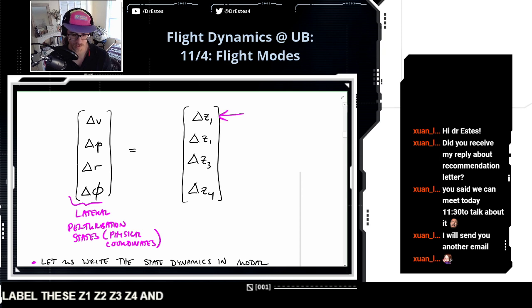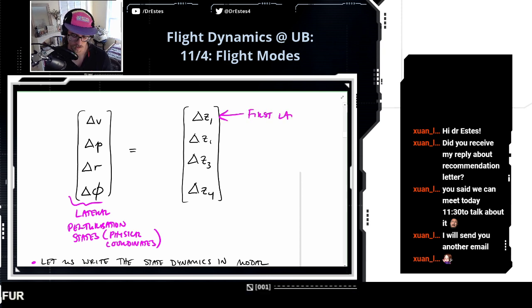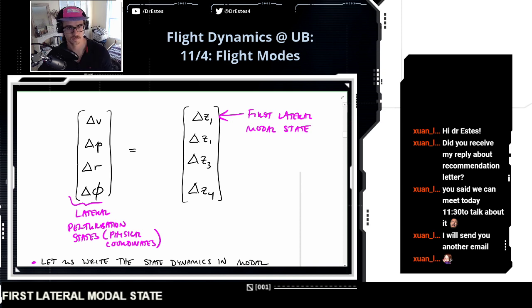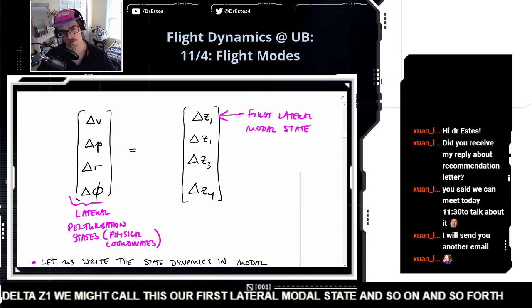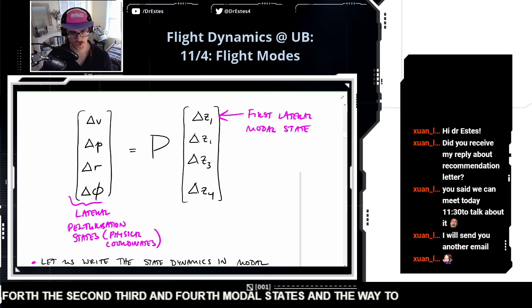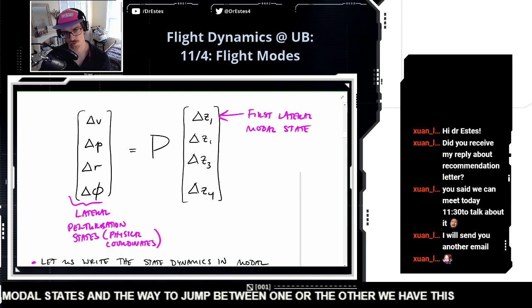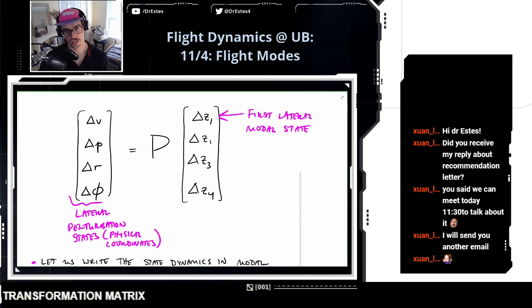Each of these, like delta Z1, we might call our first lateral modal state, and so on and so forth. The second, third, and fourth modal states. And the way to jump between one or the other, we have this transformation matrix P.